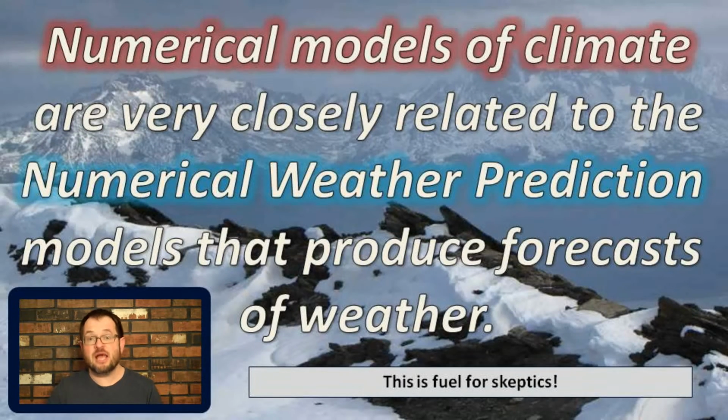Numerical models of climate are actually very closely related to the numerical weather prediction models that we learned about in the previous lecture, the kind that produce forecasts of the weather. They are, in fact, very similar. They're computer programs that are based on the 7 primitive equations, and they take initial conditions and apply the 7 primitive equations at grid points all over the world and at every level in the atmosphere.